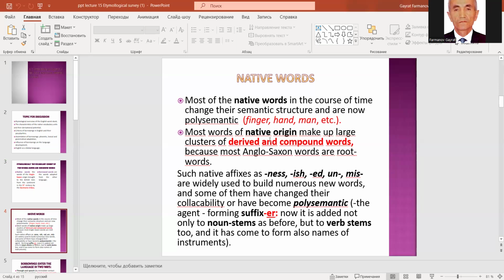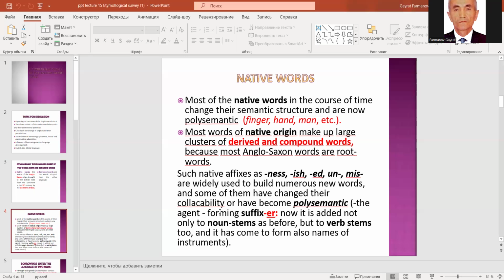Because most Anglo-Saxon words are root words, such native affixes as -ness, -ish, -ly, -an, mis- are widely used to build numerous new words, and some of them have changed their colloquiality or have become polysemantic.